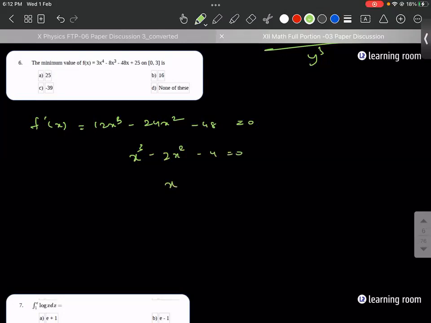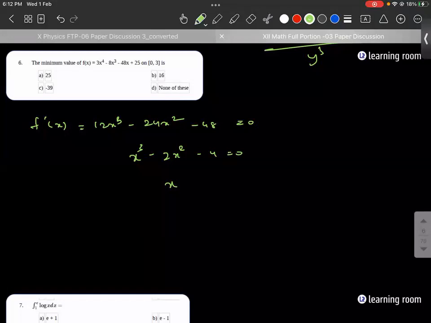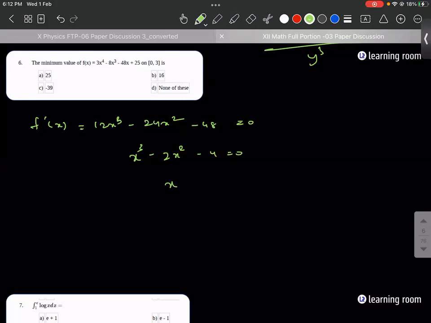So what value of x will satisfy this equation?